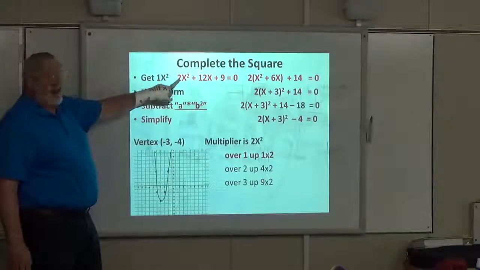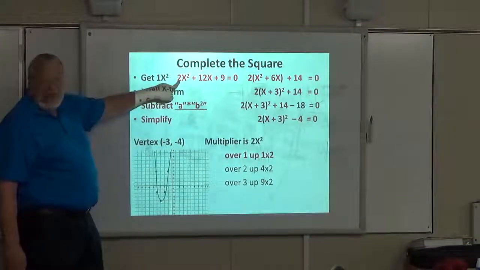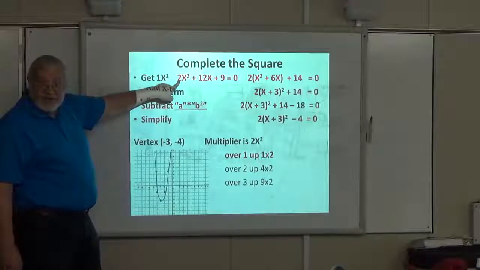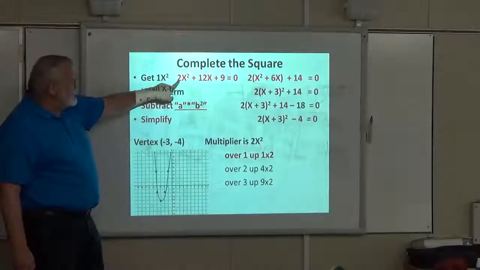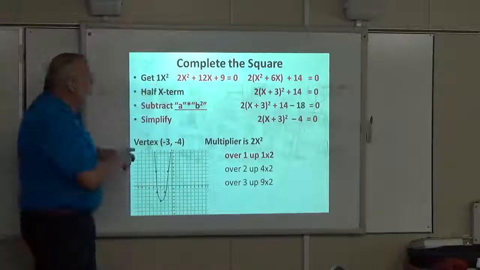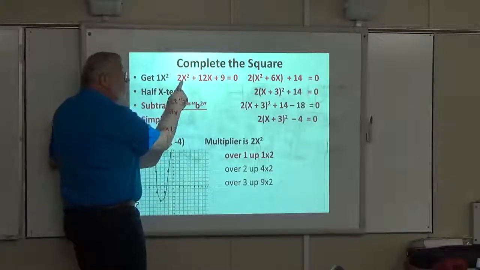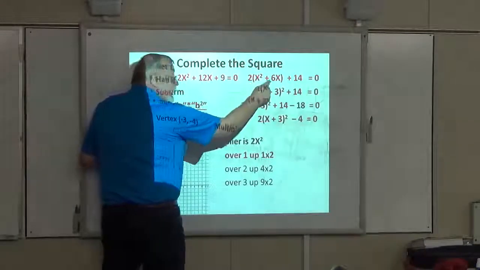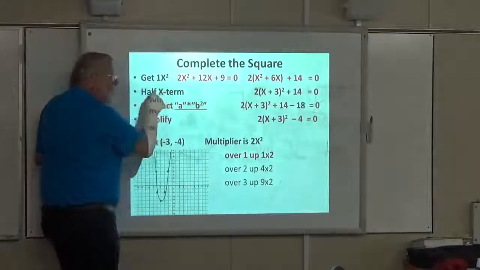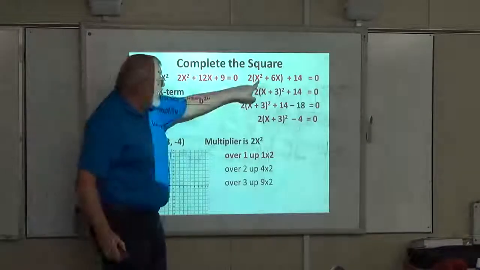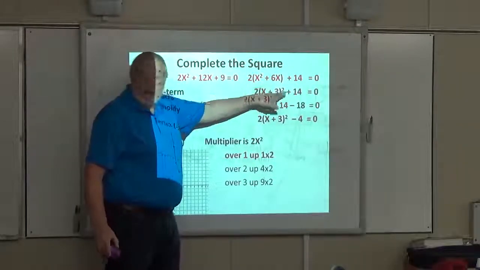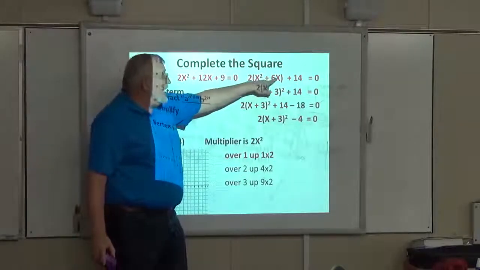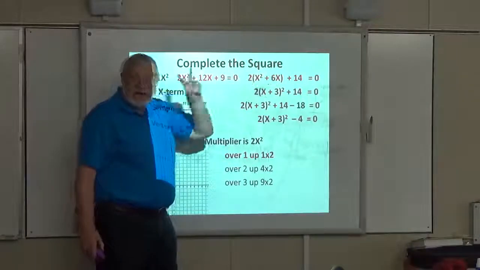The harder one is when this is not just x squared. The first thing you have to do is to get 1x squared. To do that, I'm going to factor a 2 out of this term and a 2 out of that, and get x squared plus 6x. Then I take half. So half of this will give me 3, squared. But how many terms did I have inside the parentheses here? 2.